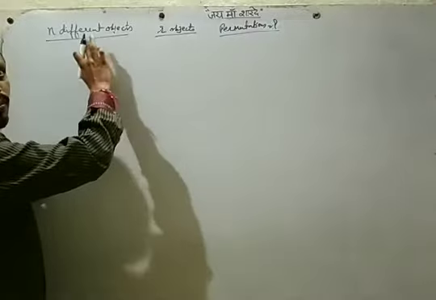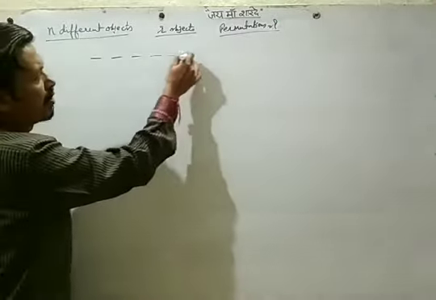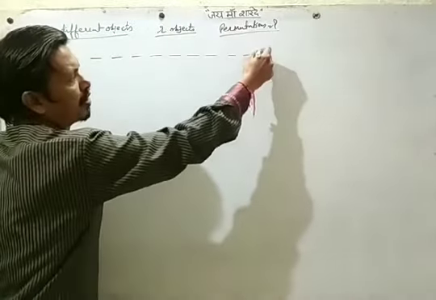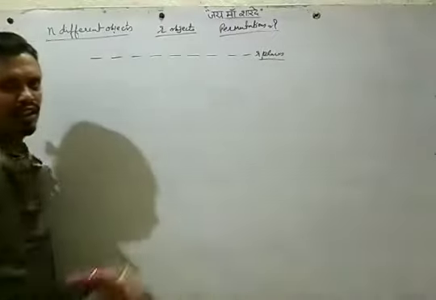N objects are given, but we are taking only r objects. It means we have r vacant places.